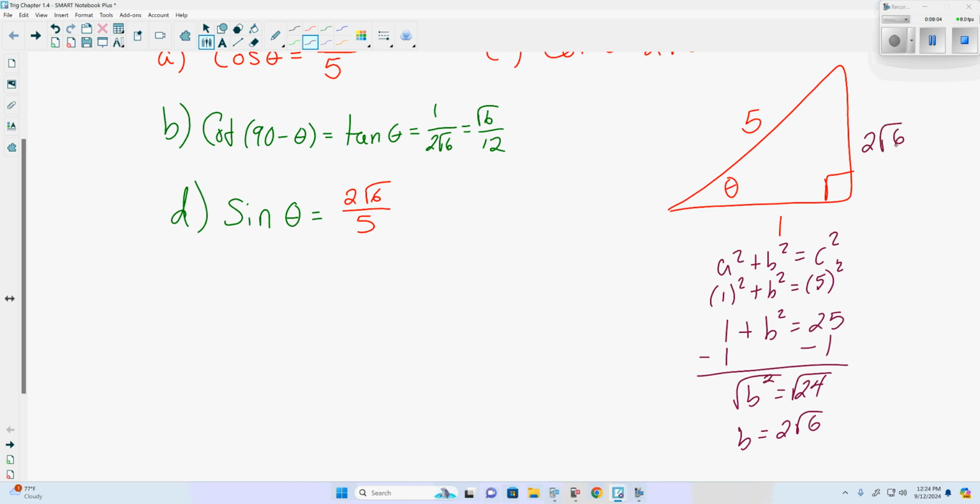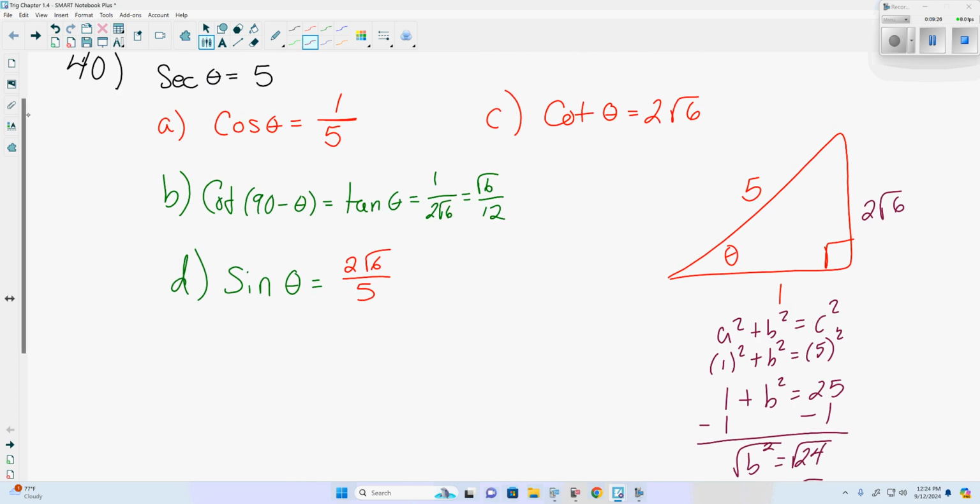So our tangent, opposite over adjacent, would give us the 2 square root of 6. It's a little flipped, but yeah, because sine would be 2 square root of 6 over 5. That works out for that. Cotangent would be adjacent over opposite. Make sure cosine is adjacent over hypotenuse. Yes.